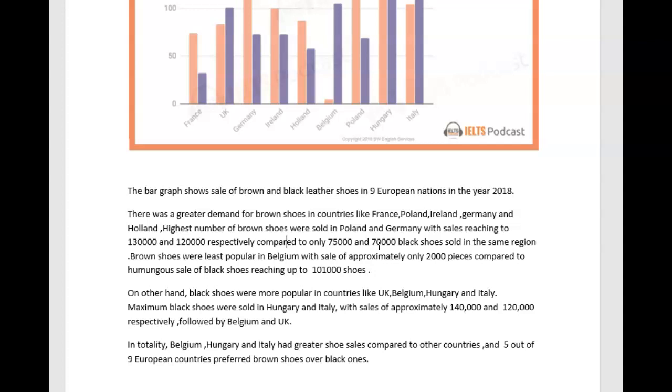Brown shoes were least popular in Belgium, with sales of approximately only 2,000 pieces, compared to, please don't use the word humongous, it's really informal, it's like a slang word essentially. Compared to, you could say the enormous, well, I don't really like the enormous either, compared to the popularity of black shoes in the same country, reaching 101,000 shoes.